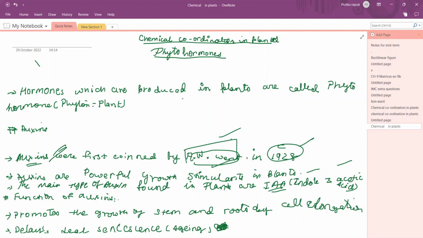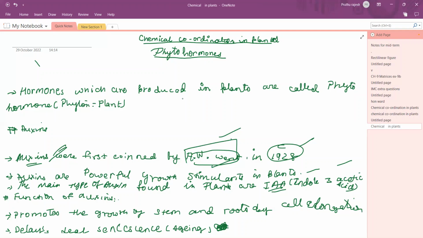Just like we have growth hormone in humans, even plants have auxins as their powerful growth stimulants, and auxins are quite effective, and even in low concentration, they can stimulate growth in plants. The main type of auxin found in plants is called IAA, also known as indole 3 acetic acid.